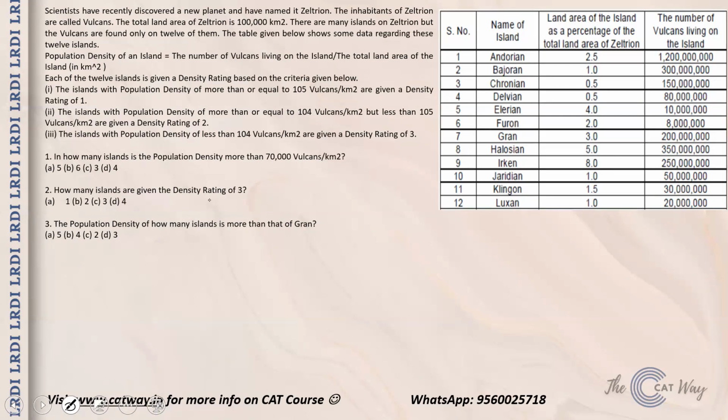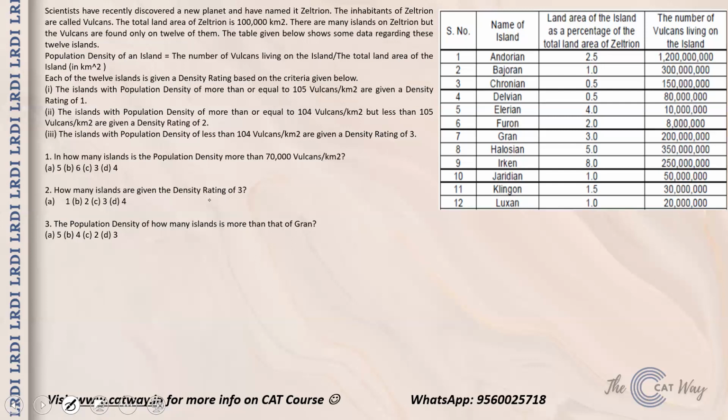More than or equal to 10^4 Vulcans per square kilometer but less than 10^5 are given density rating 2, and less than 10^4 are given density rating 3. In the table, we have been given the name of the island, the number of people who are living on the island, and the land area of the island as a percentage of the total area of Zeltrion.